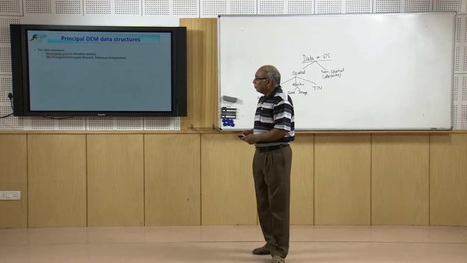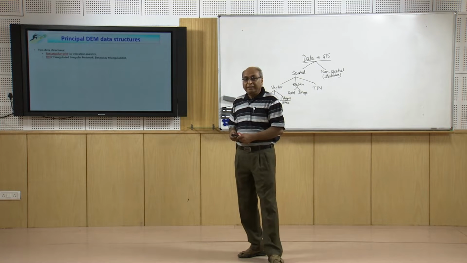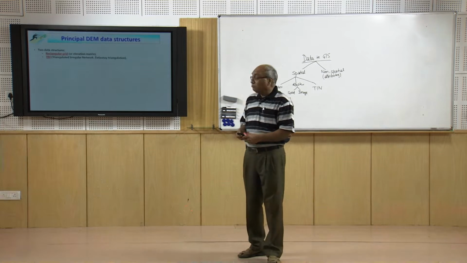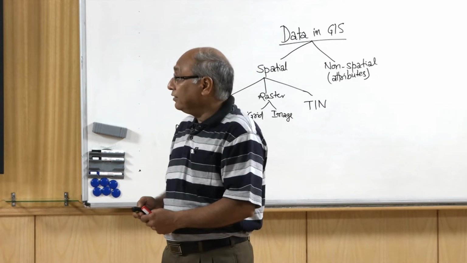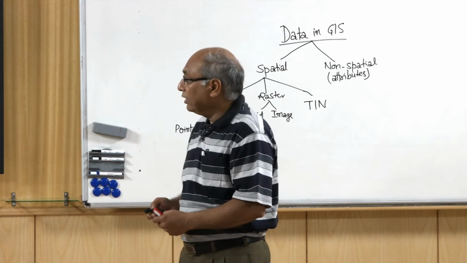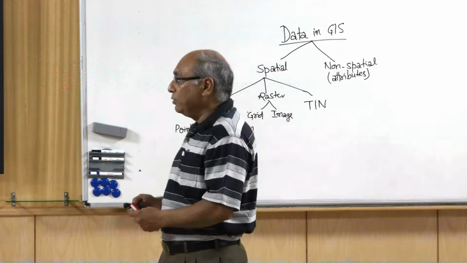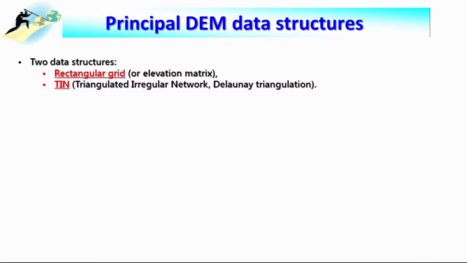In the previous lecture I mentioned that TIN is neither vector nor raster, but in some literature you may find that they have put it along with vector, and in some literature along with raster. So let's keep it completely separate. You know that raster has a rectangular or square-shaped grid, where the unit is a square all the time.